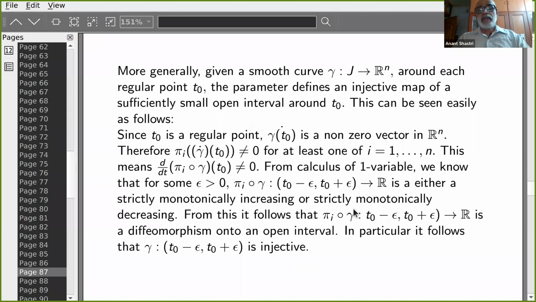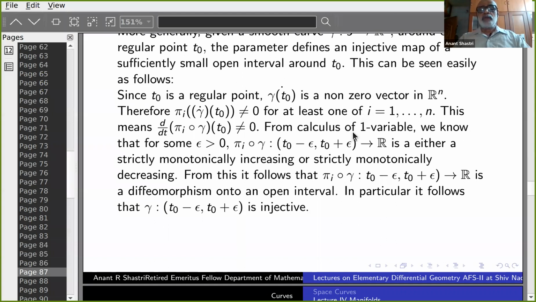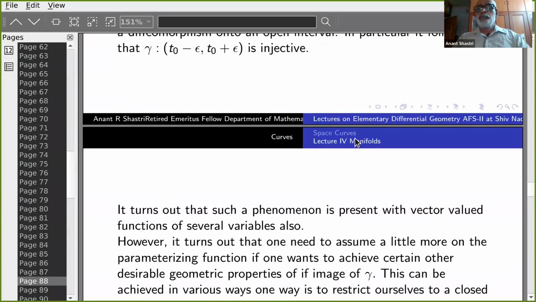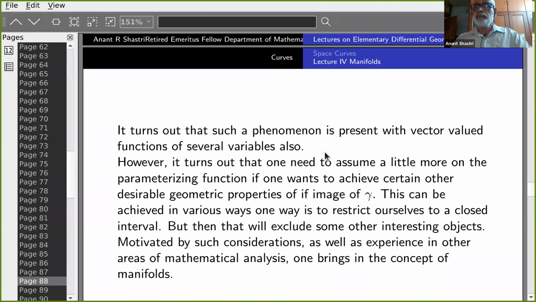However, we are not satisfied with just this much of property when we go to more seriously interesting properties of curves. So far we were good enough; for many other things, this parameterization as a curve is good enough. Such a phenomenon is also present with vector valued functions of several variables, so at one stage we can go for generalization on one side.